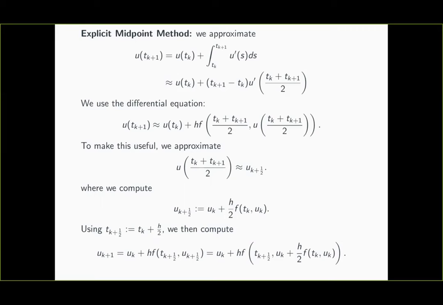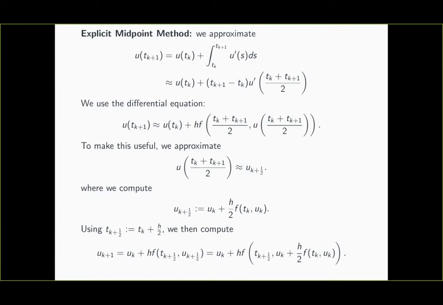Now let's approximate this integral of u prime by the midpoint rule, which means we take the value of u prime at the midpoint of this interval and multiply that with the interval length. So u at time t_k+1 is roughly the same as u at time t_k plus the length of the interval, t_k+1 minus t_k, multiplied with the value of u prime at the midpoint of the interval, which is u prime at t_k+1/2.